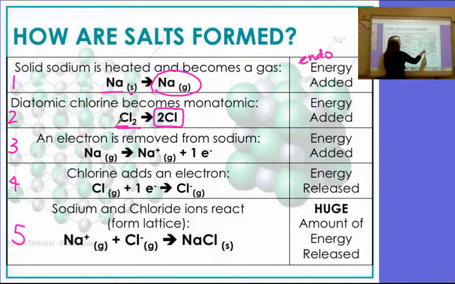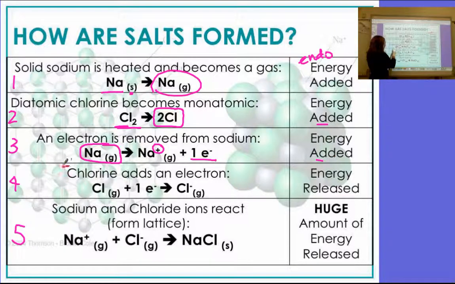So this is still an endothermic part of our process. Then what do we have to do? Sodium gas here was neutral. I have to remove an electron from sodium gas to form my cation. Removing that electron also costs a little bit of energy. I have to put energy in to remove that electron.